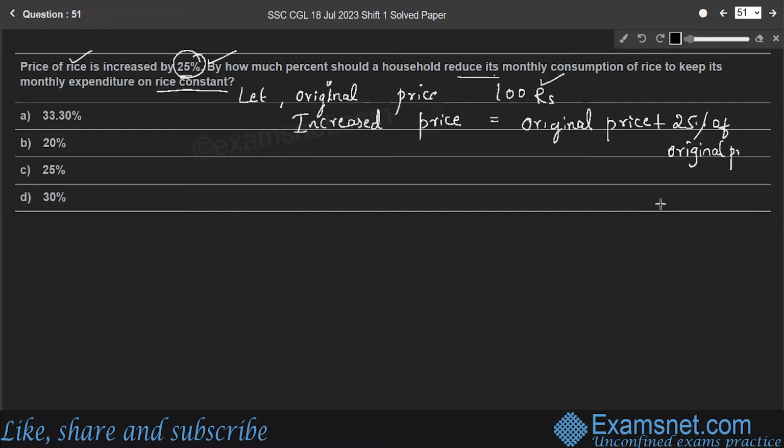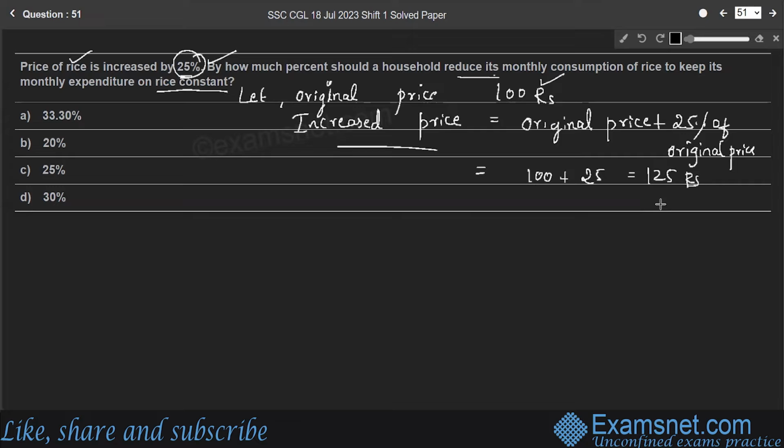Or else you can directly take 125% of the original price as the increased price. Here the original price is 100 rupees, 25% of the original price is 25 by 100 into 100 rupees, which is 25. So it is 125 rupees. So the increased price of rice is 125 rupees.